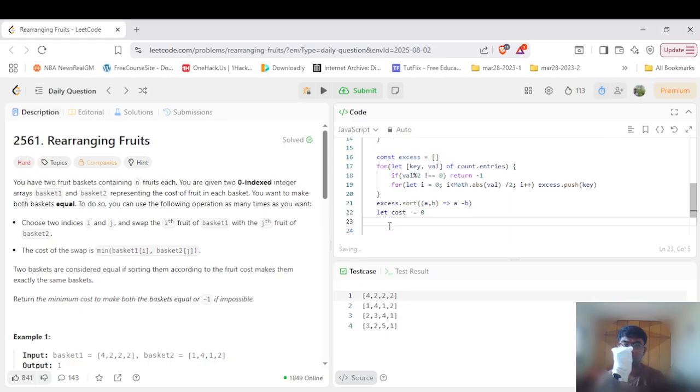So this is the minimum cost to make both baskets equal. So this is where the global min logic will help us.